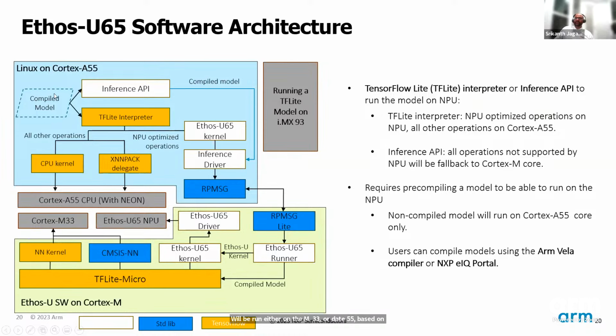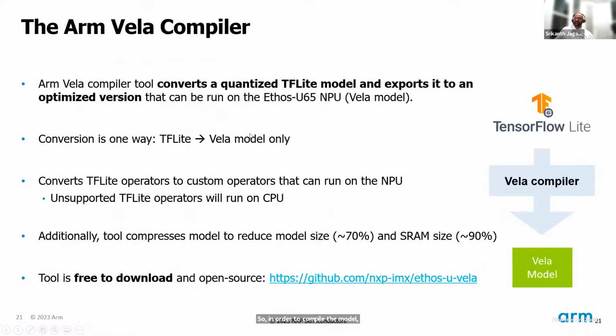So in order to compile the model, Arm provides the Arm Vela Compiler. It converts the quantized TF Lite model and exports it to a version that can be run on the U65. If you don't use the Arm Vela Compiler, the model will still run on the SoC, but only on the A55, so you won't be utilizing the capabilities of the NPU.